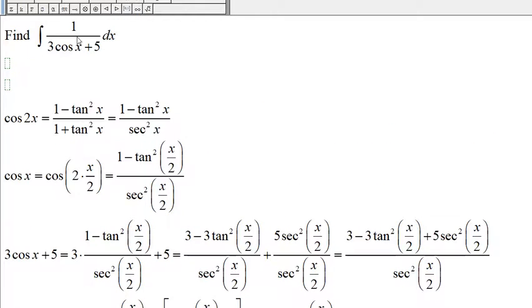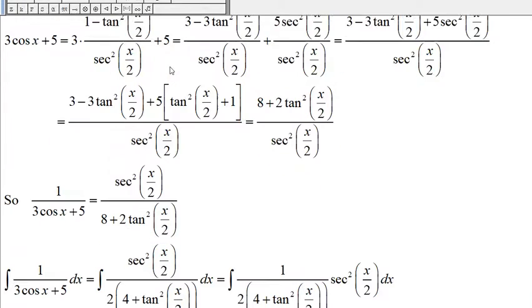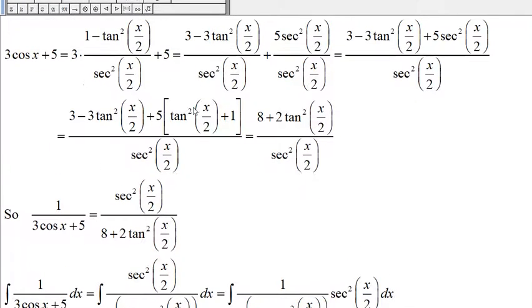The integrand is 1 over 3 cosine of x plus 5, which is just the reciprocal of this. So turn this upside down. We get secant squared of x over 2 divided by 8 plus 2 tangent squared of x over 2.